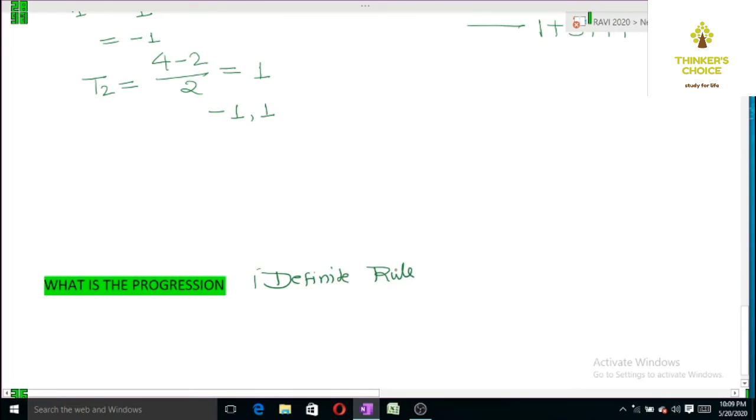A definite rule means it has its nth term. A progression has a definite rule, a definite system. Its definition is fixed, and that definition is represented by its nth term.